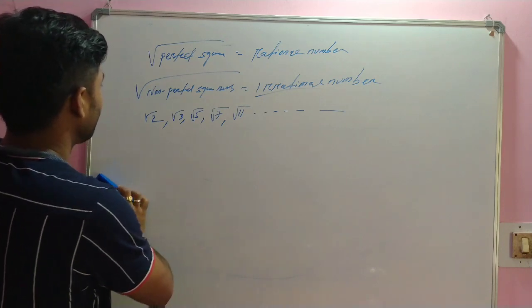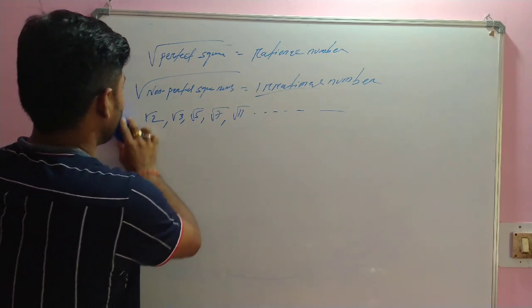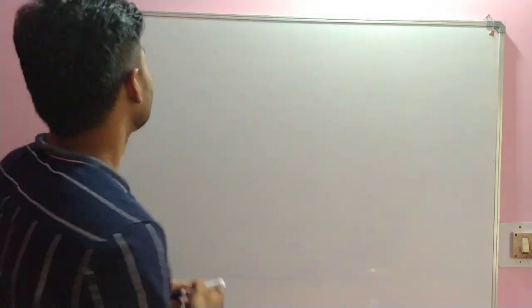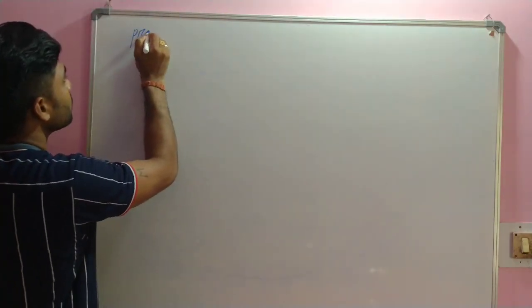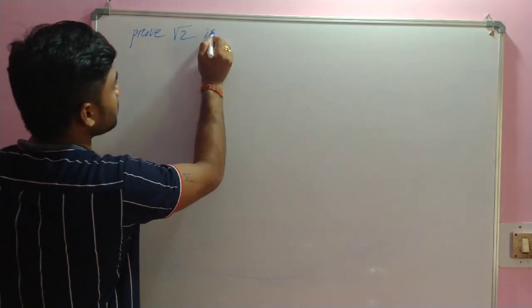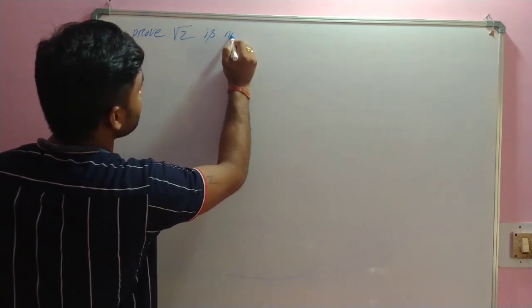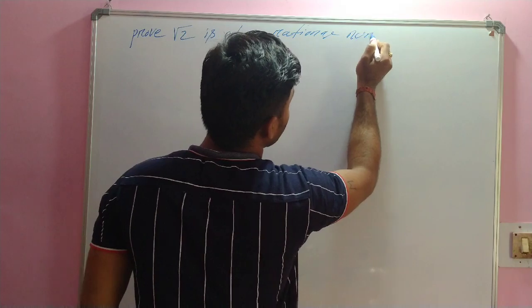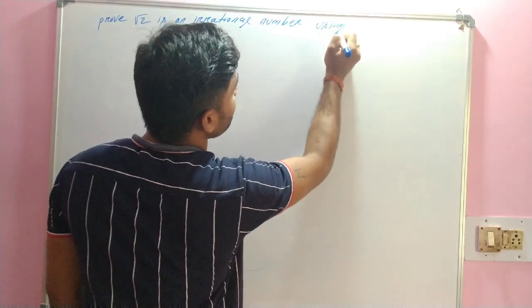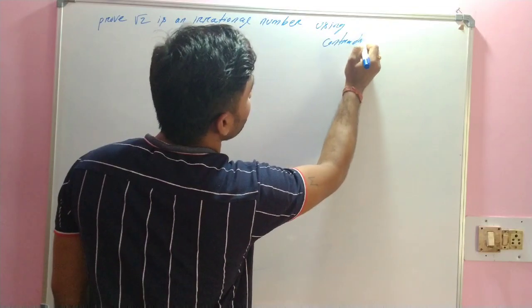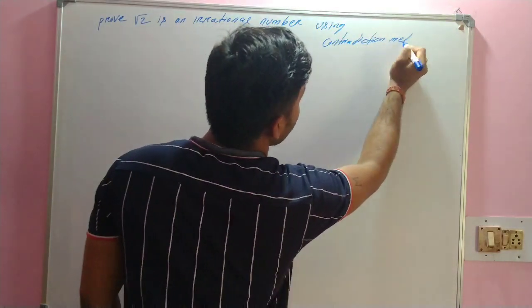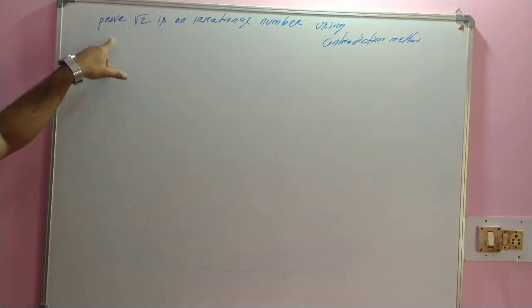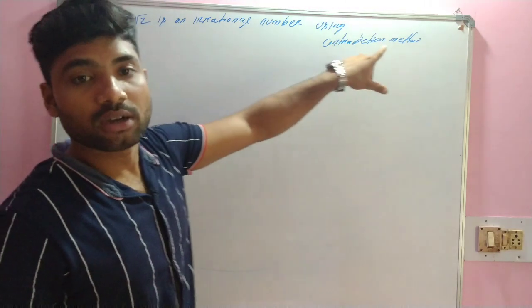So let's prove that root 2 is not a rational number using the contradiction method.